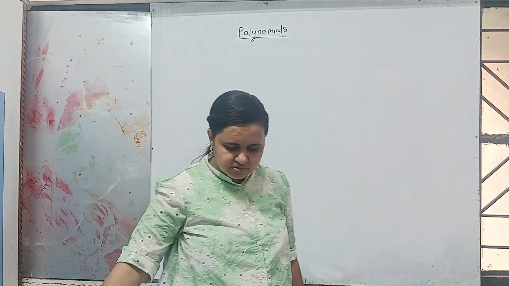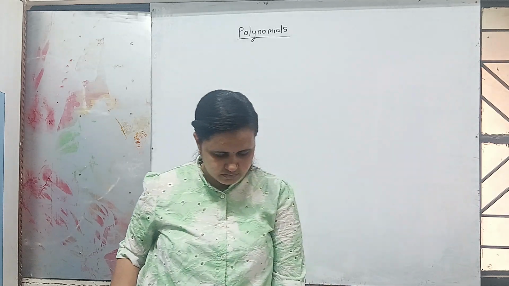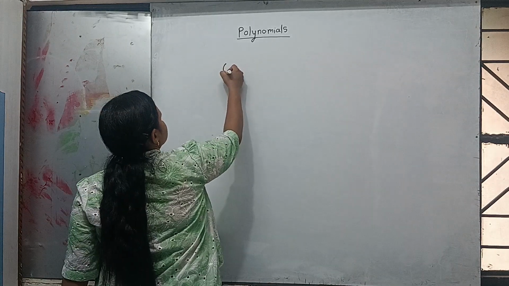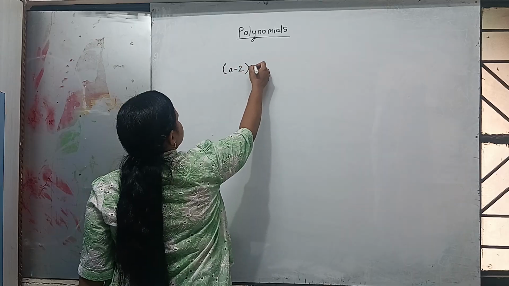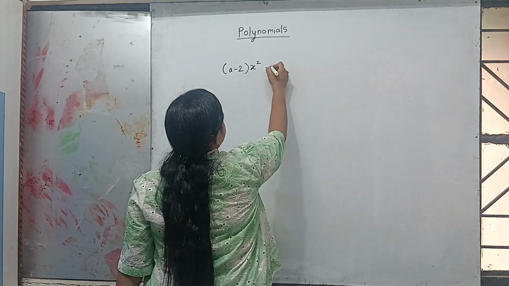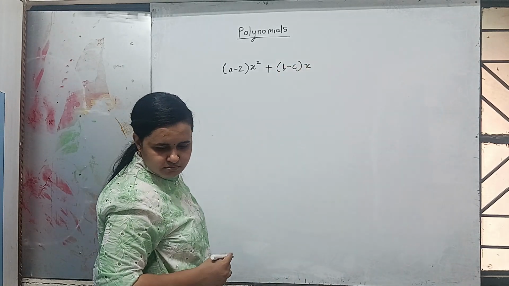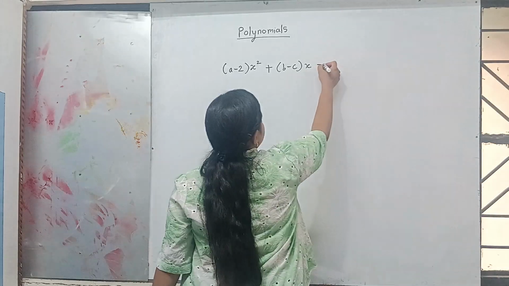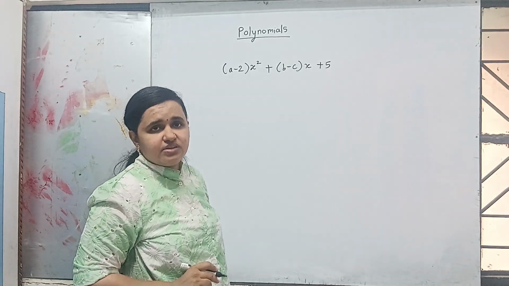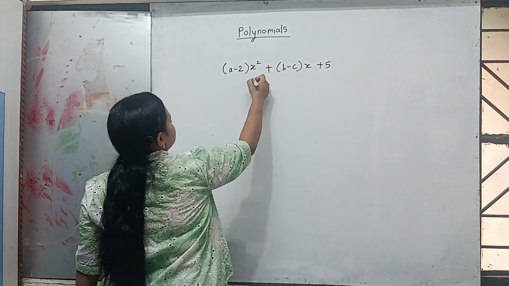Now next question. If (a minus 2)x square plus (b minus c)x plus 5 is a quadratic polynomial. Here it is given that it is a quadratic polynomial.